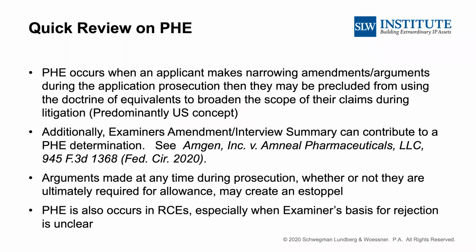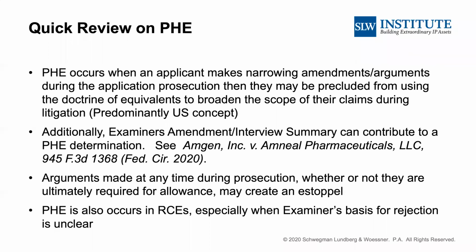For those unfamiliar with the term, whatever statements you make, including oral statements, are then reduced to writing in the examiner's amendment. The whole goal here is to not say things in your prosecution that would limit you down the road to make doctrine of equivalents arguments, largely based on the key case law, Festo, of course.